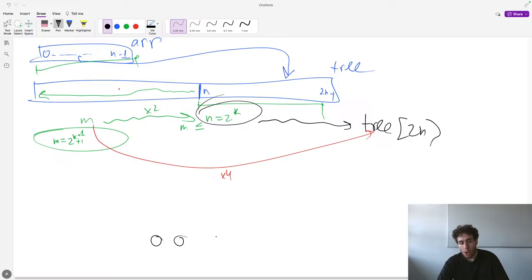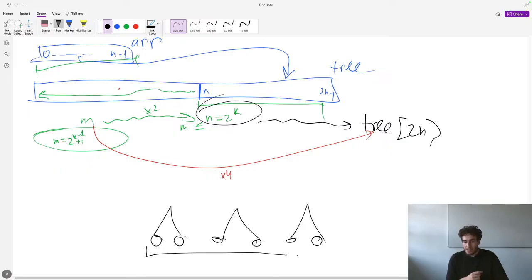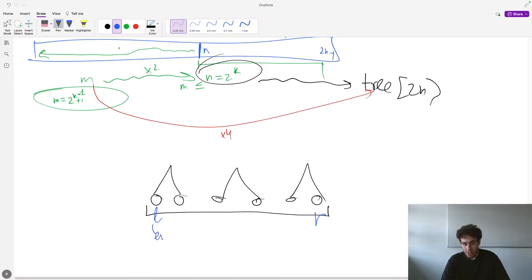So if I want to go to the previous level, this is the picture I want, when all the elements in my segment are coupled as siblings. So vertex L should be the left child and vertex R should be the right child. It means that vertex L should be even and vertex R should be odd.